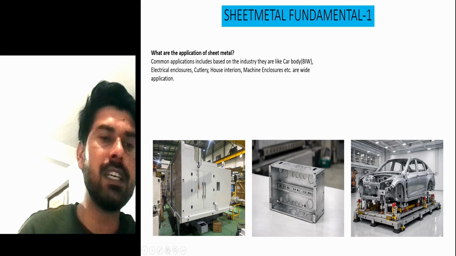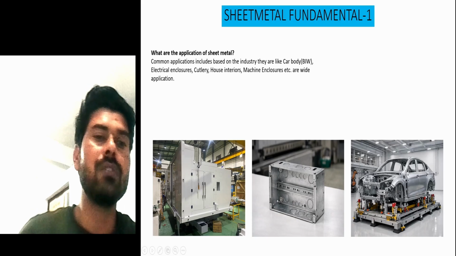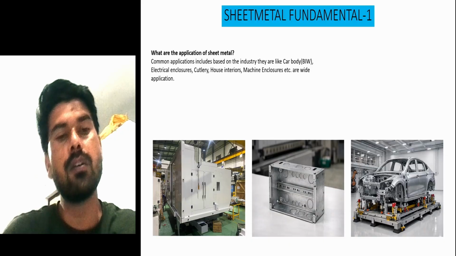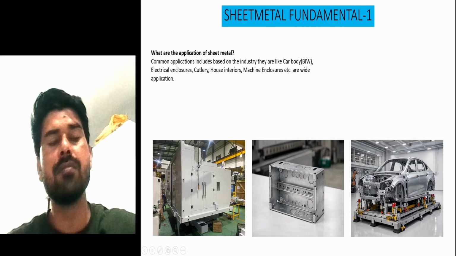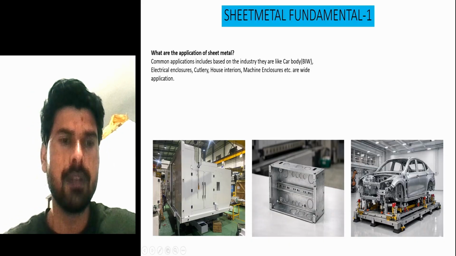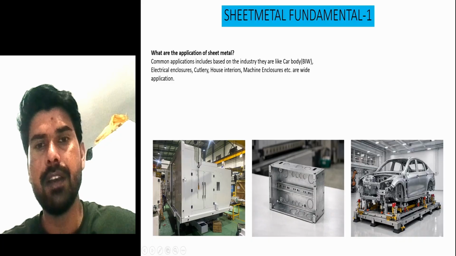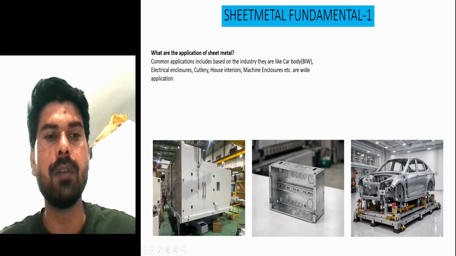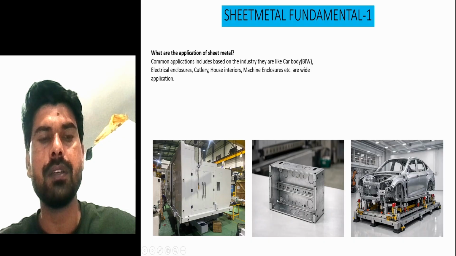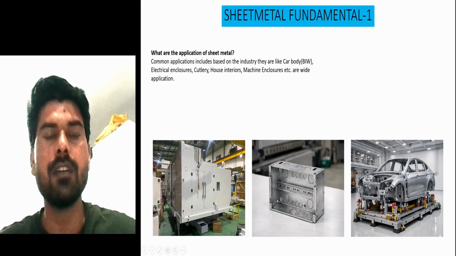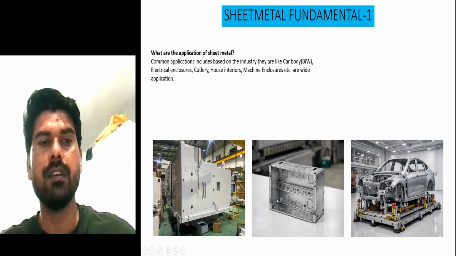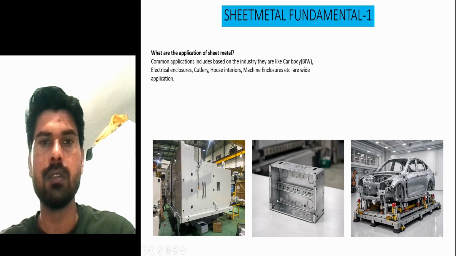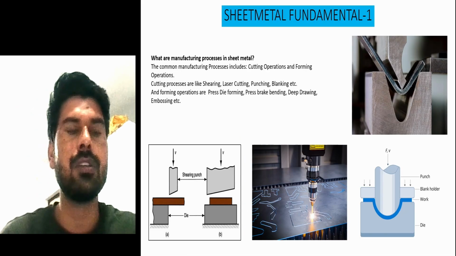And on the left-hand side I have shown a machine enclosure, and these enclosures you may have seen in the industry and in the laboratory area, specifically when the environment of the operation should be enclosed inside an enclosure. So that's where the application of sheet metal enclosures comes into the picture.